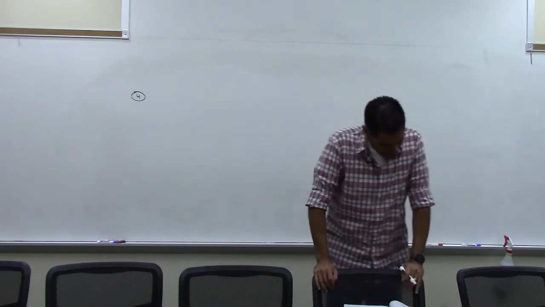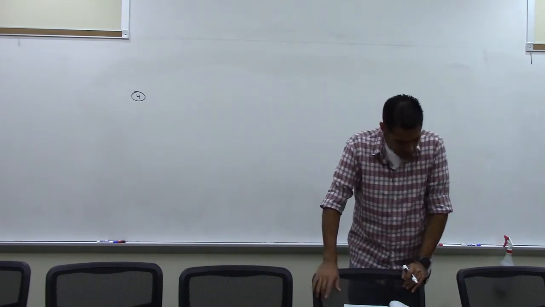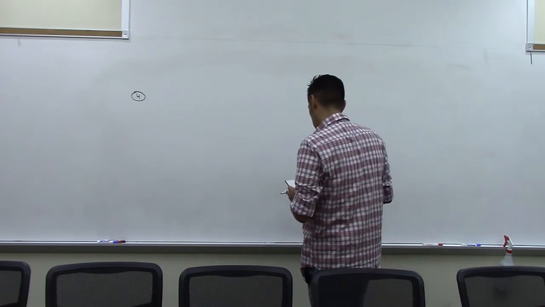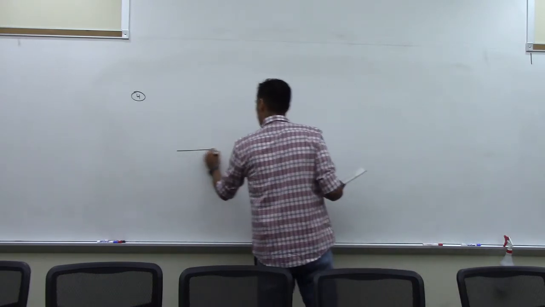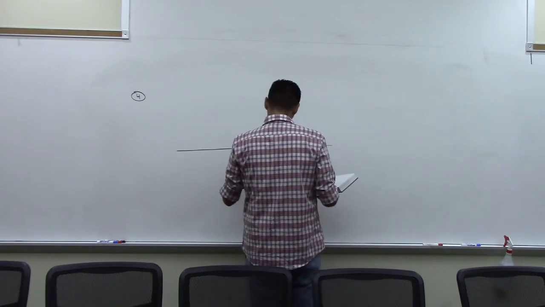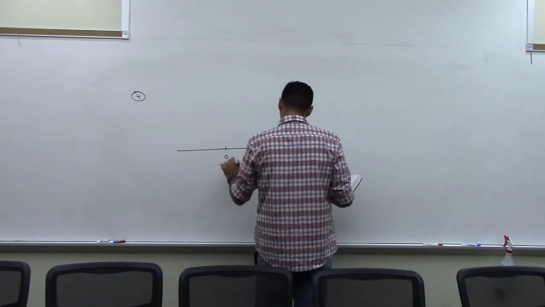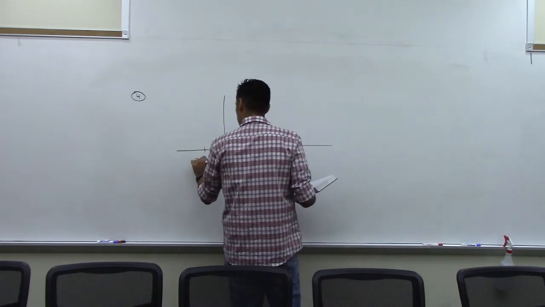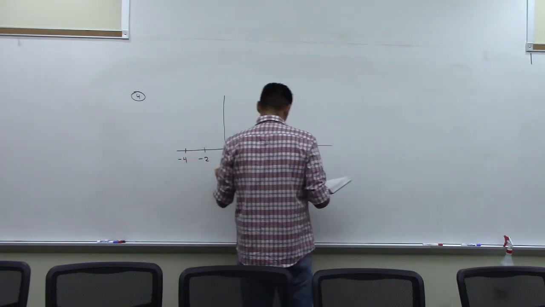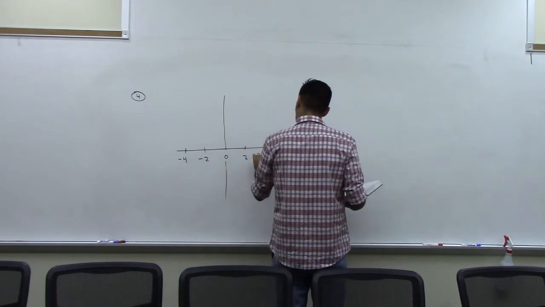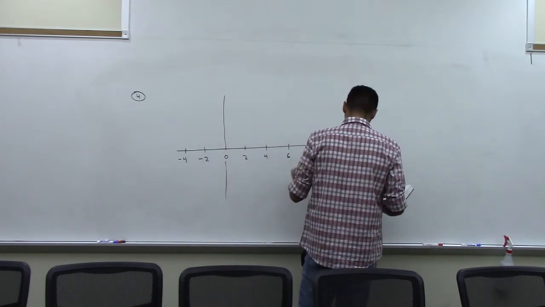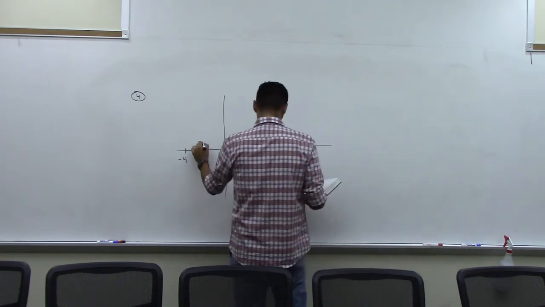All right, number 4, same thing, they give us a picture. I think I'll draw this one. Won't take me too long. 0, -2, -4, 2, 4, 6, 8. So we're doing something like this. We've got a dot here.